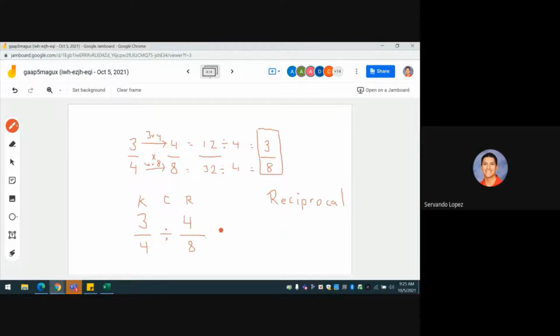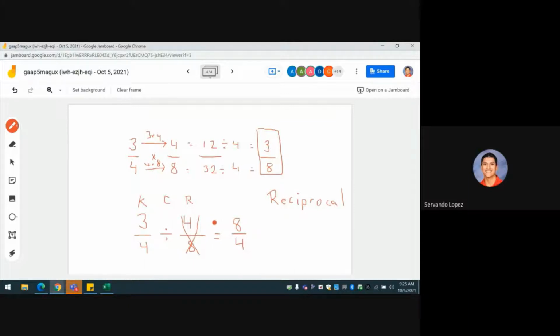Look at my screen. I'm going to rewrite this 4 over 8 into 8 over 4. I'm going to cross it out because I need your brains to understand that we're no longer using 4 over 8. We did the reciprocal, which is 8 over 4. For those of you who are still confused about what reciprocal is, all we did was flip it.